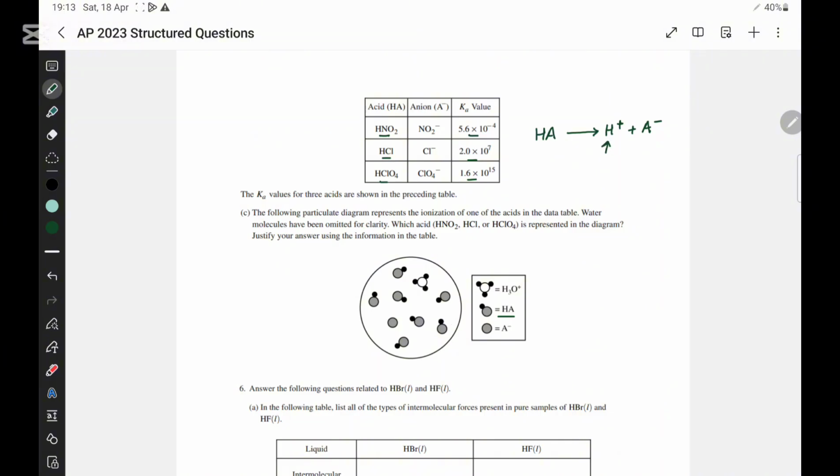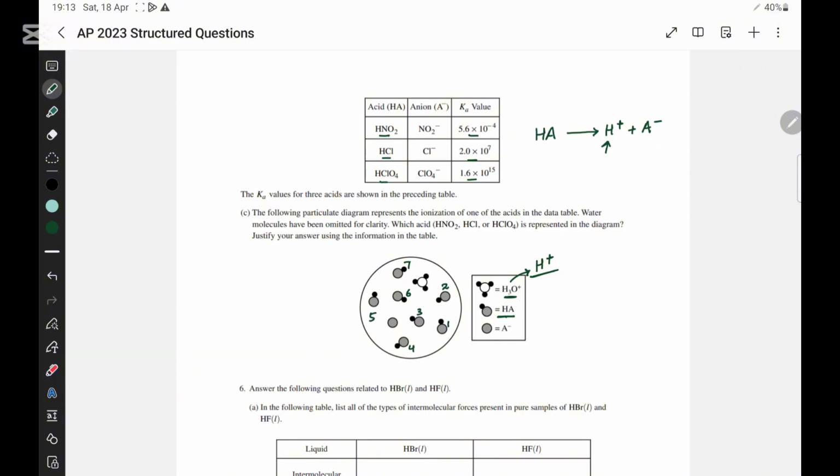Like the hydrogen ion has not been released properly, so that is HA, like 1 2 3 4 5 6 7. So only one hydrogen ion has been ionized. The hydrogen ion here is represented with H3O positive.